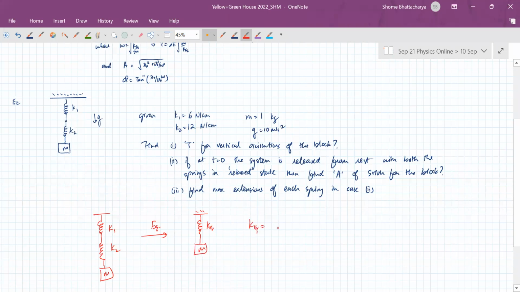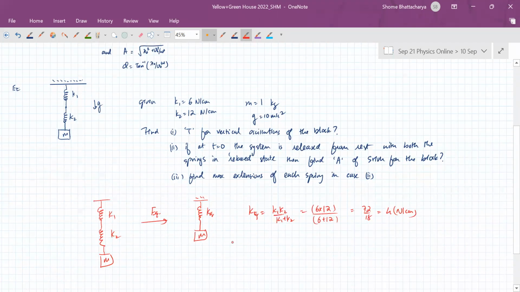So K equivalent for the single spring is... so now you can see that for this vertical spring mass system, omega square is K equivalent by M. So it is 4 into 10 raised to power 2 newtons per centimeter divided by the mass, which is 150.